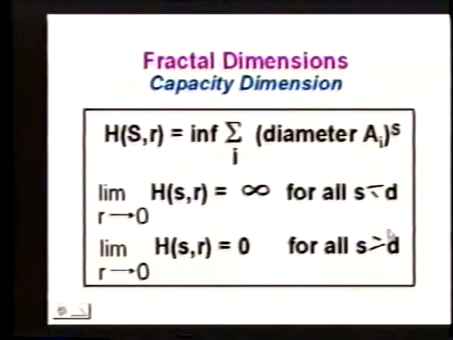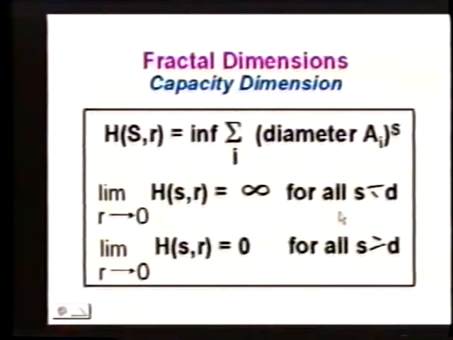And the d for which this happens is the dimension. Okay? So I'll say it again. In the limit as r goes to 0, this function h of s and r either approaches infinity or 0. It approaches infinity when s is less than d, and approaches 0 when s is greater than d. And the d that is this dividing line is the dimension.